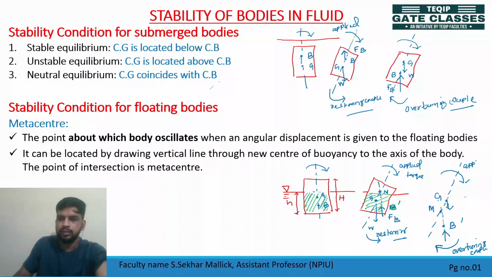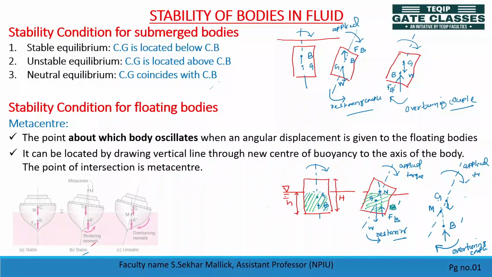So when the metacenter lies below the center of gravity, the couple will try to overturn. So definitely it will be an unstable equilibrium. It will try to move further, it will try to give further angular displacement.